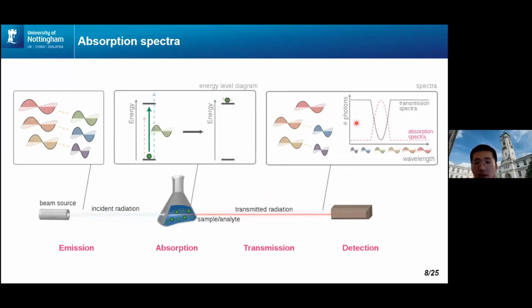So by comparing the attenuation of the transmitted light, like this black trace, an absorption spectrum can be obtained, like this red dotted trace. You will see a peak here, which means the absorption is located at the green wavelengths.